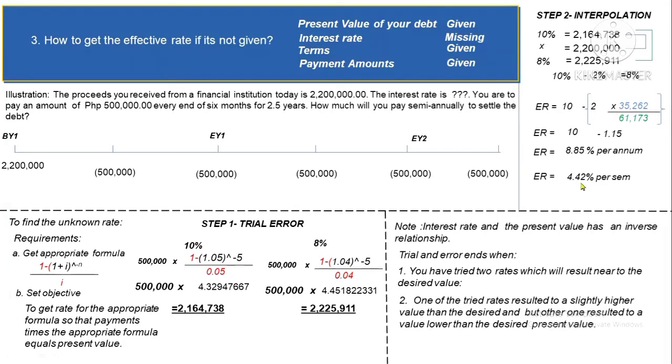Let's check if our 4.42% per sem is correct, and let's apply the 1.0442 in our timeline before. So we have 2.2 million times 1.0442, you have 2,297,240 minus your first payment, then you're gonna have a liability of 1,797,240.